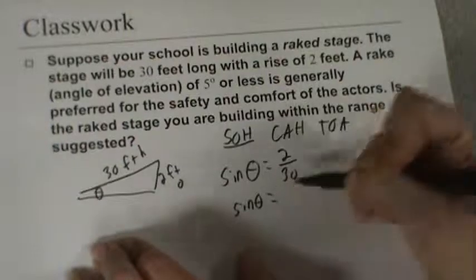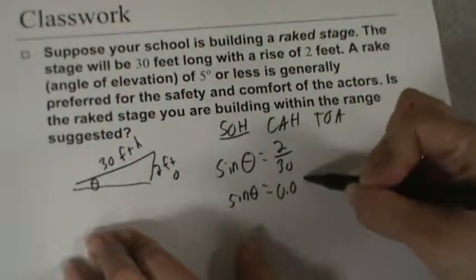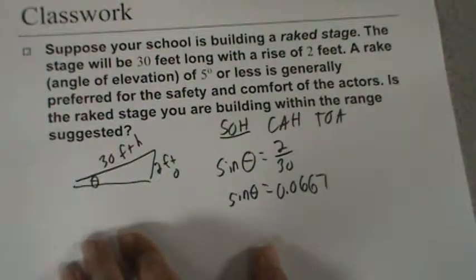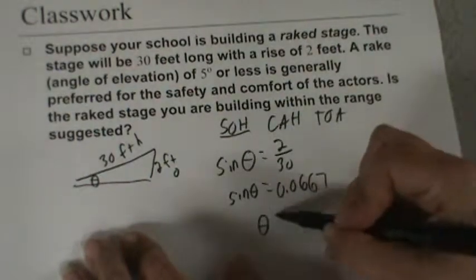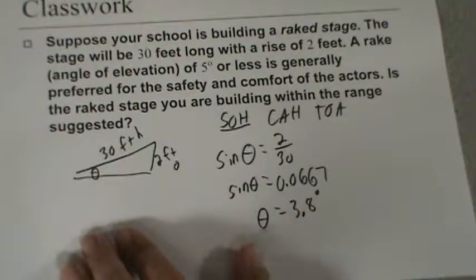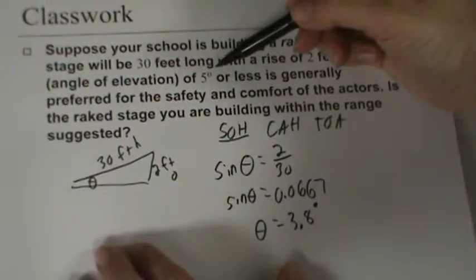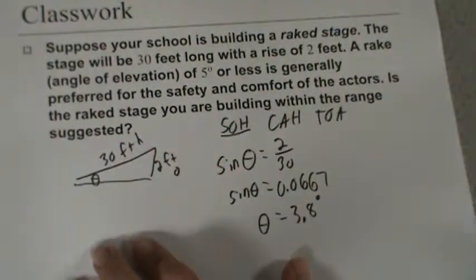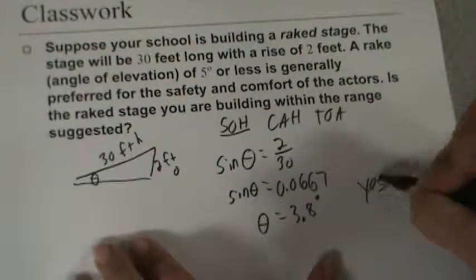So sine of theta is 0.0667. And then do your inverse sine. Make sure you're using the correct trig function there. And then this gives me an angle measure of 3.8 degrees. So 3.8 degrees definitely is within the 5 degree or less. So is the raked stage you're building within the range suggested? Yes, it is.